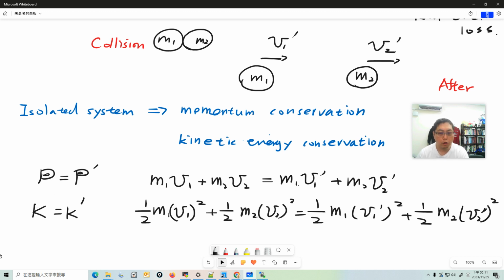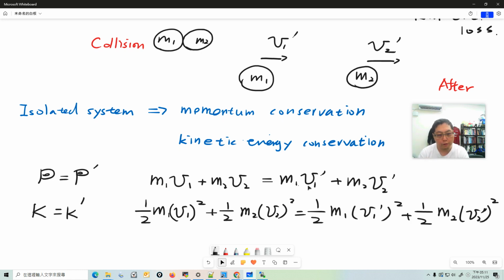So we got two equations and two unknowns. It should be solvable, and we will only have one solution, because there are two independent equations and two unknowns.